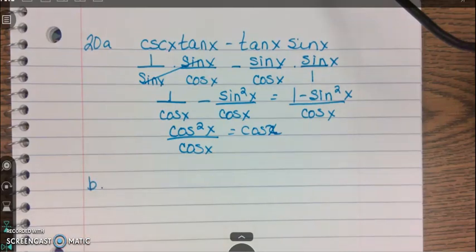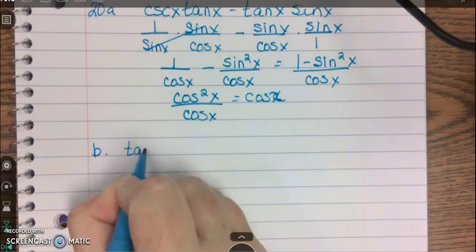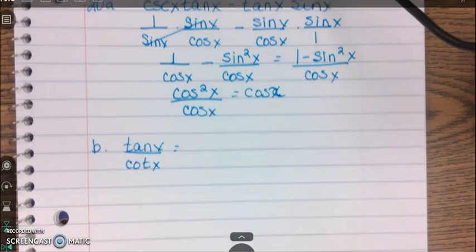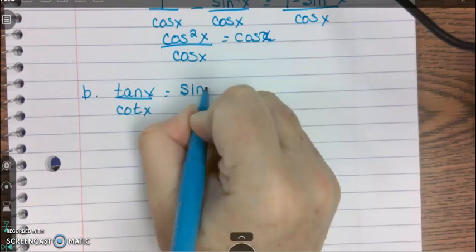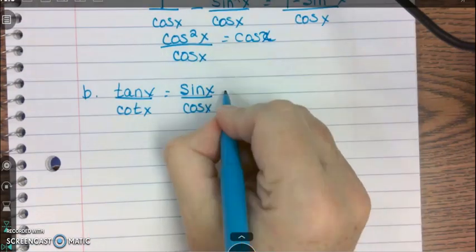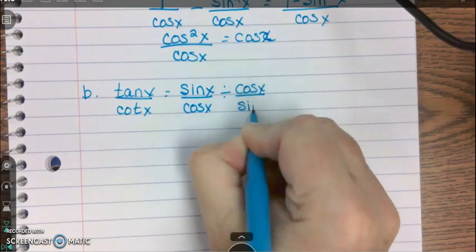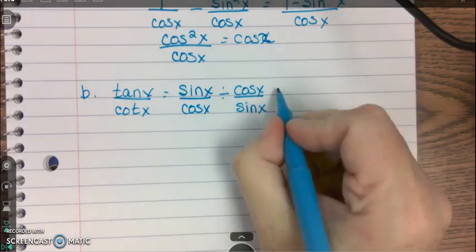20b. Tangent over cotangent. So again, change. Sine over cosine divided by cosine over sine. Keep change, flip.